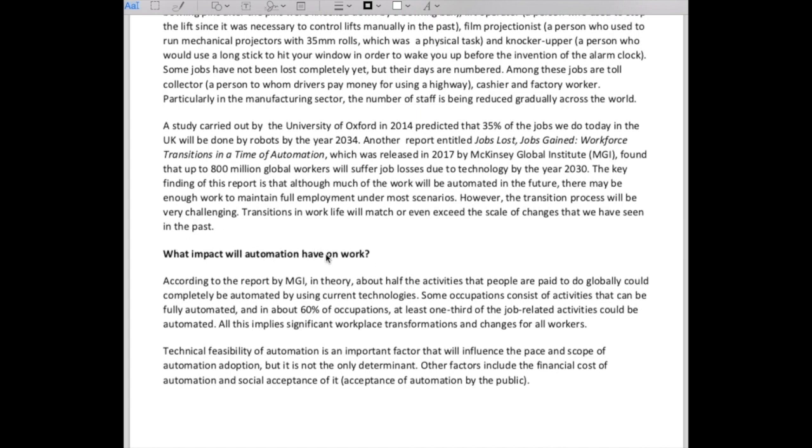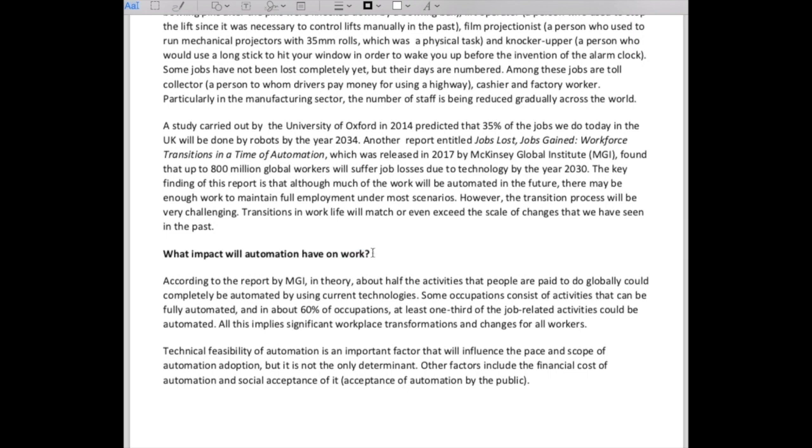What impact will automation have on work? Now here there's a very important word, which is impact. Now before, we saw in the task, we had the word affect, and affect is a synonym of impact. So most probably we are in the right place, because here we're talking about automation and we're talking about work. Okay, so the most important thing to find is two factors.